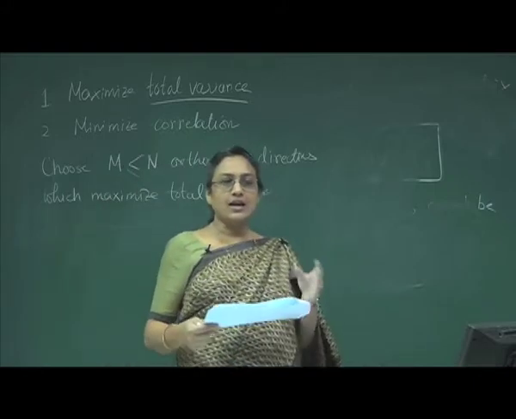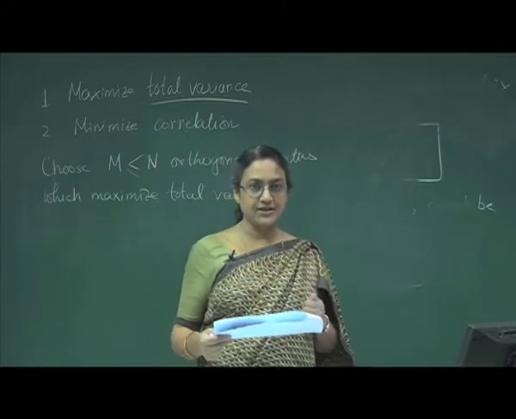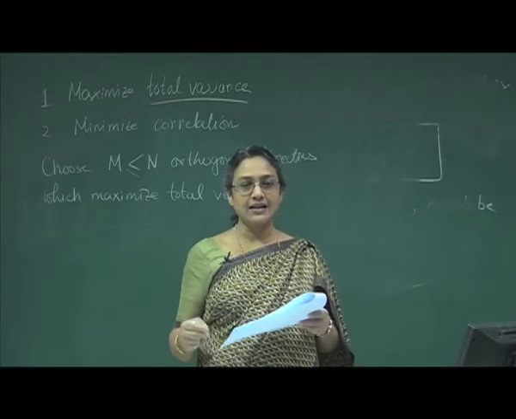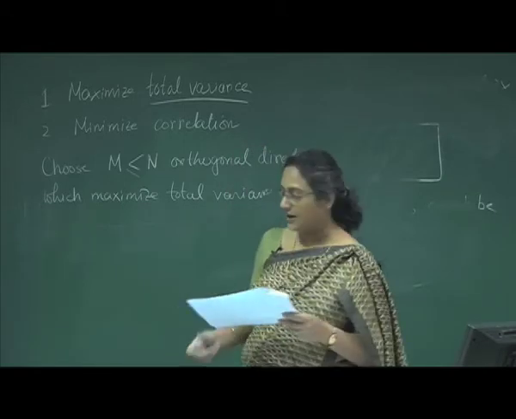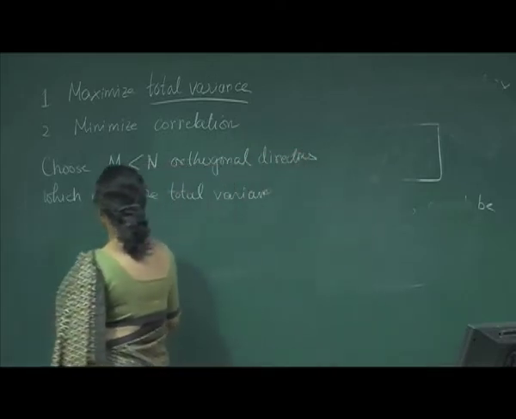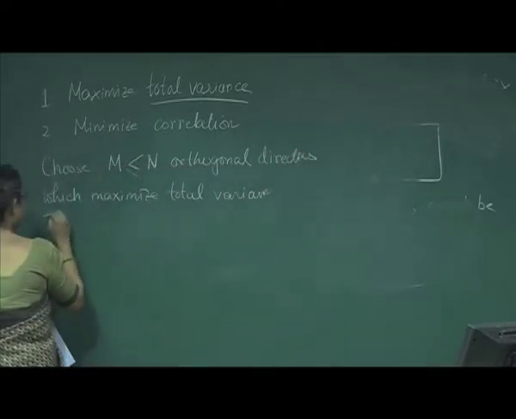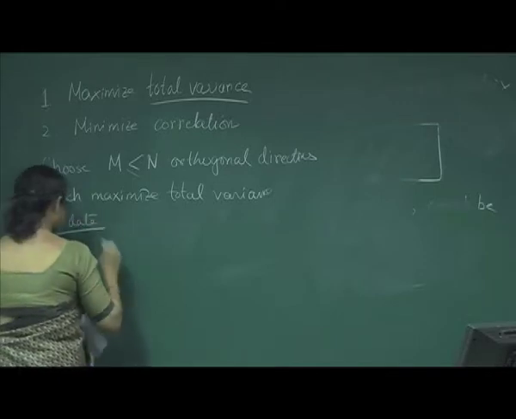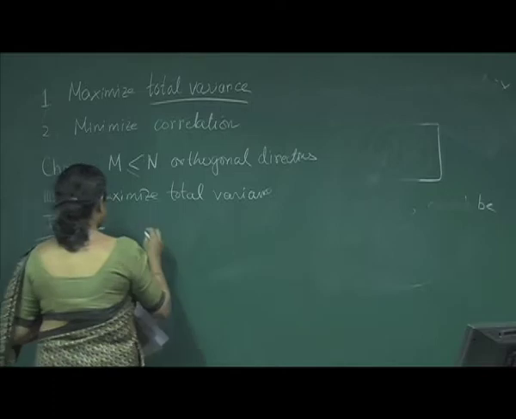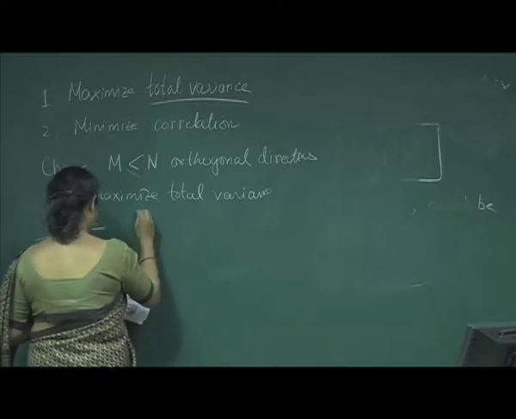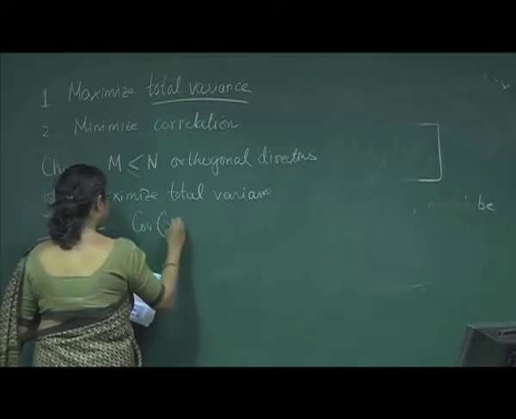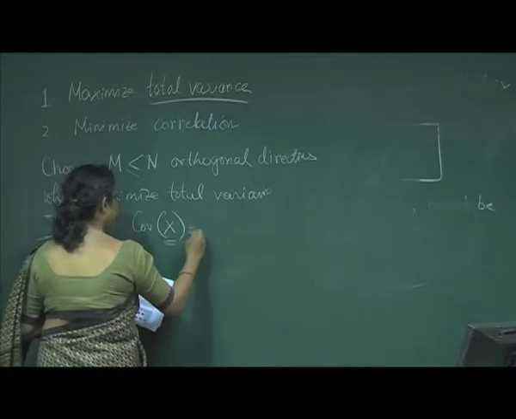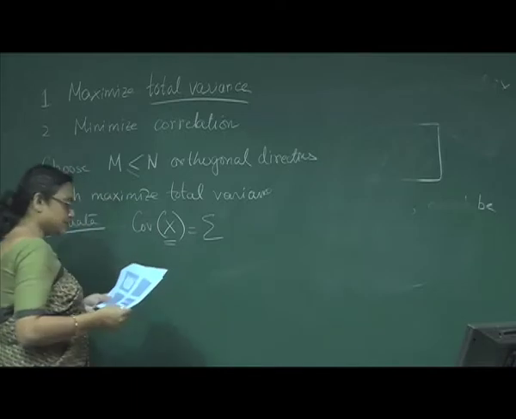So how do we do this? We have an n-dimensional feature space and we have an n by n symmetric covariance matrix. So we have this training data in the n-dimensional feature space, and we can compute this covariance matrix of these training data points. This is the covariance matrix.